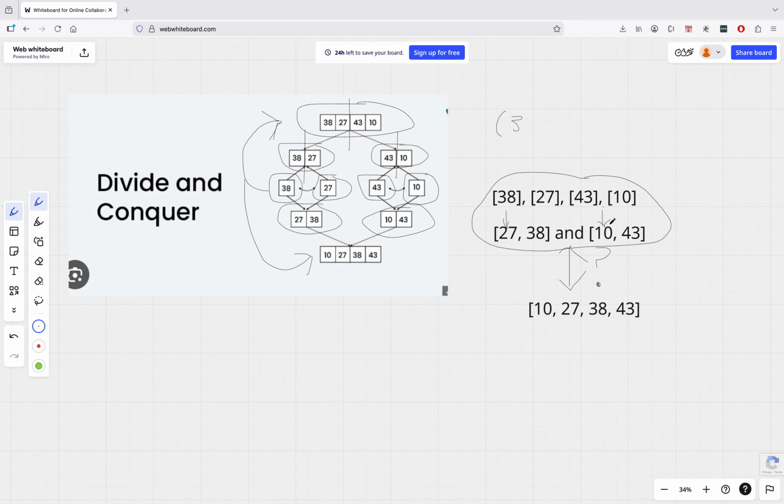Which is less? 10 is less, so we put 10 into the array and move our pointer to the right. Now we compare 43 and 27. 27 is less than 43, so we take 27 and put it right here. Move our pointer.